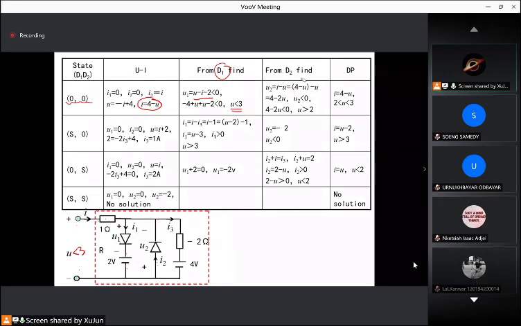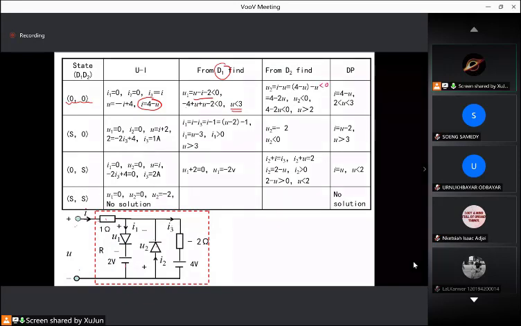Now we try to find the U2. The U2 is this voltage. U2 equals I minus U. U minus I multiple 1 will be this voltage. This voltage is a minus U2. So the minus I minus U will be this U2. And this U2 should be less than 0.